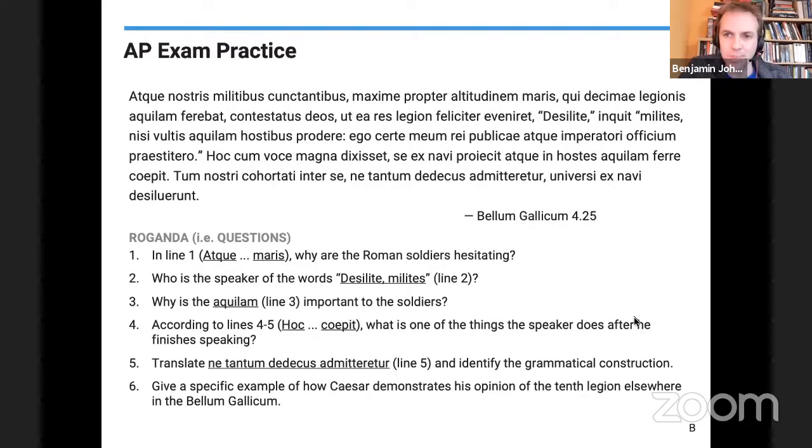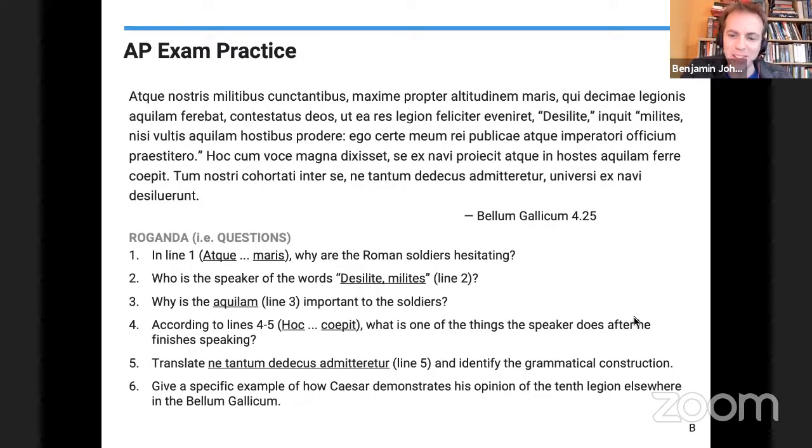I will do my job." Then he jumps off the boat and runs into the enemy, and all of the troops, worried about the eagle maybe getting lost to the enemy, follow suit. This is one of the most famous little bits in all of Caesar involving one of his soldiers, and he likes using these anecdotes to explain the bravery of the individual soldier.